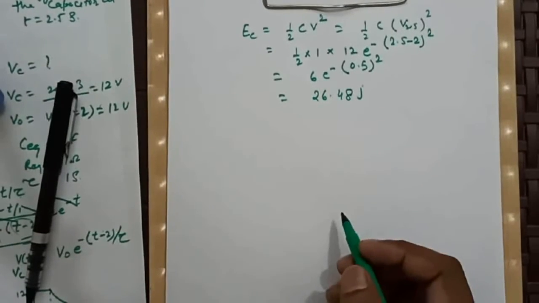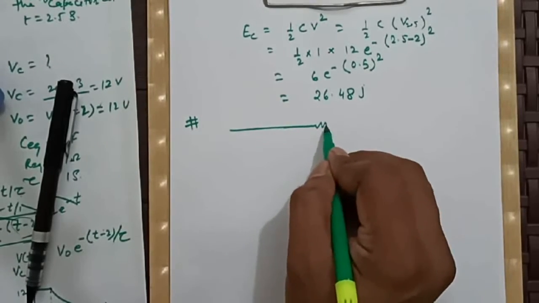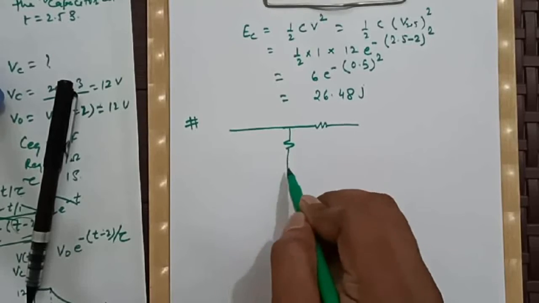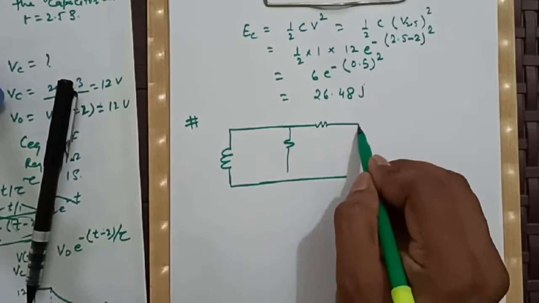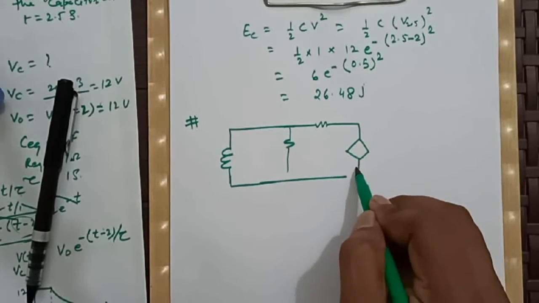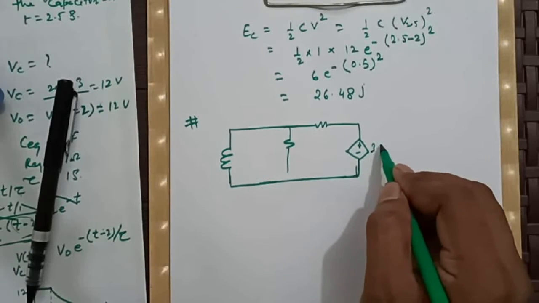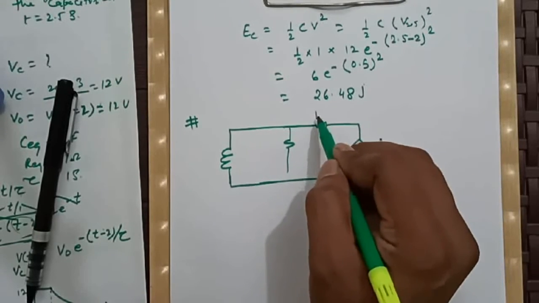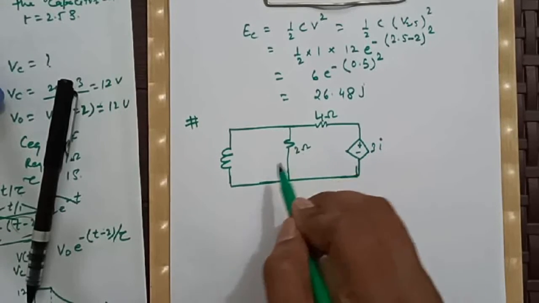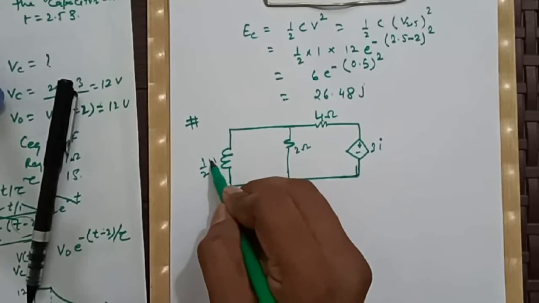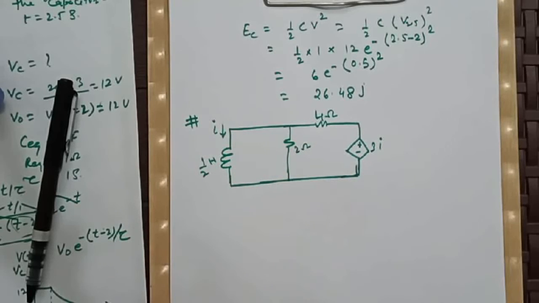Let us take one more example. This is a resistor, this is an inductor, and this is a dependent source, plus minus 3i, this is 4 ohm, this is 2 ohm, and this is half Henry, and this is I, right?